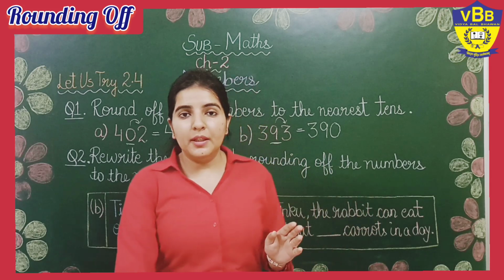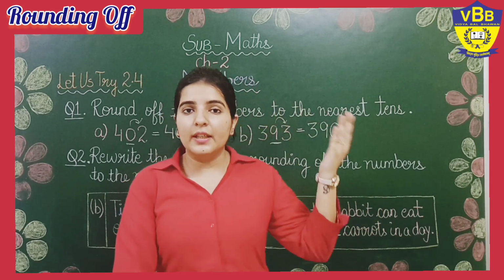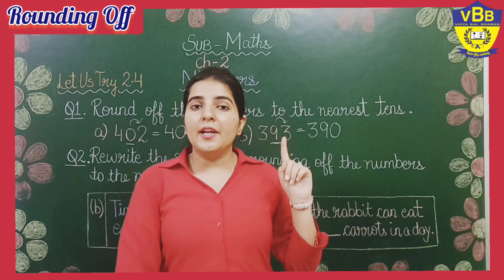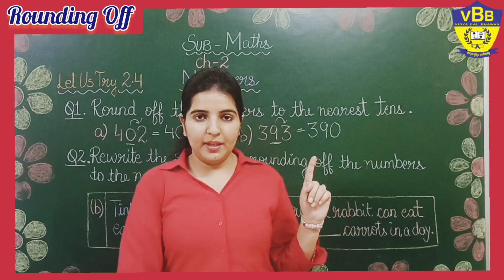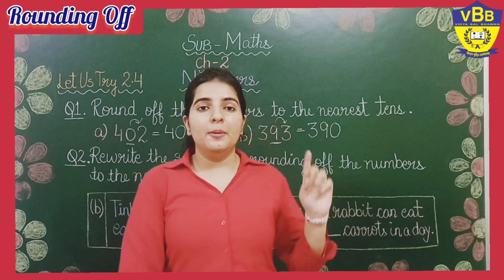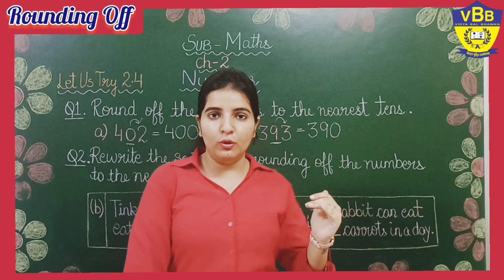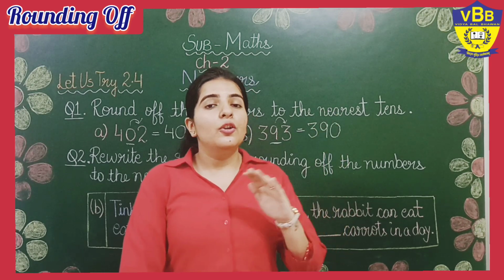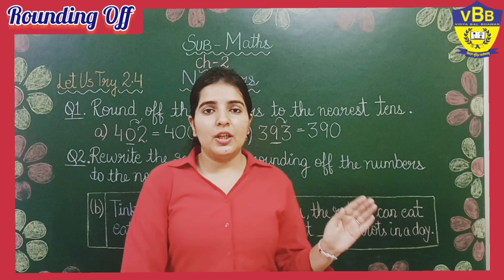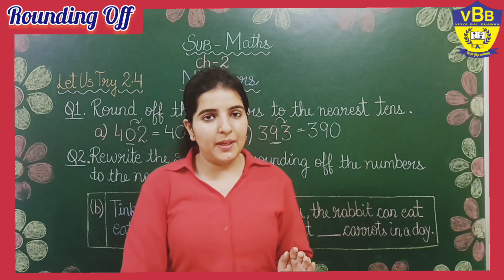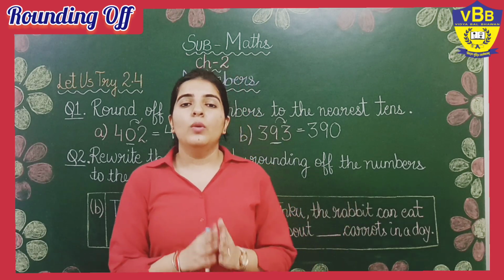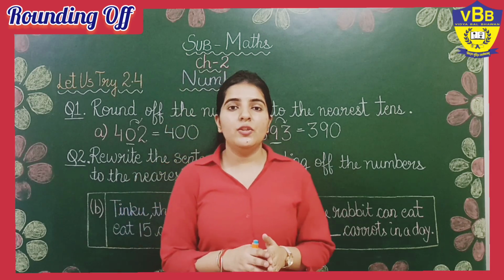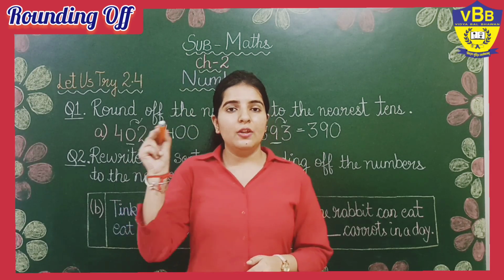If the number is 5 or greater, we will add 1 on the tens place, and if the number is 4 or below, then we will not make any change in that particular place. Okay, and the ones place will always change into 0.